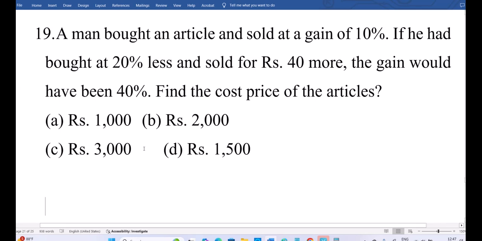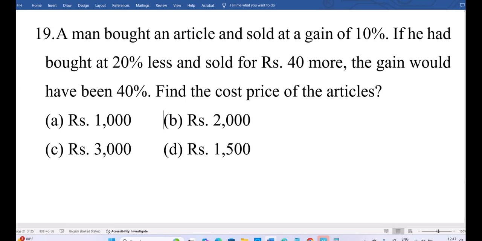Anyone solving this question, I'll definitely say you have jumped in profit and loss. There is no need to look into the topic also. My simple statement is that if we can solve this question, no need to see profit and loss then. If you understand and solve this: you purchase for some amount and sell for 10% gain, but if you purchase for 20% less and sell for 40 rupees more, then gain will be 40%.